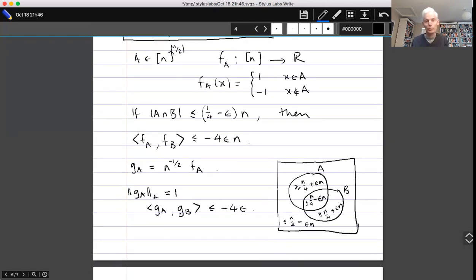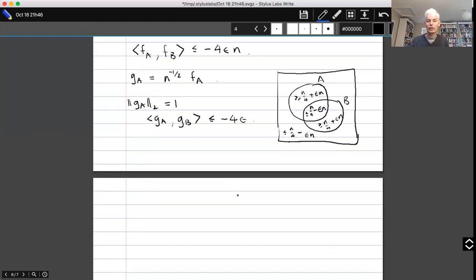I mean, this is a more general problem, but how many unit vectors can we find if their inner products have to be at most minus 4 epsilon? Let's, instead of having that 4 there, call it delta. So new question. Once we've solved the new question, we get a bound for the old question as well. And that bound turns out to be basically as good as you can get.